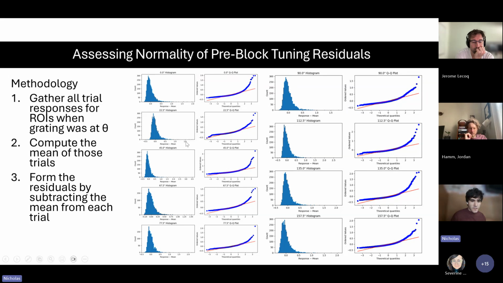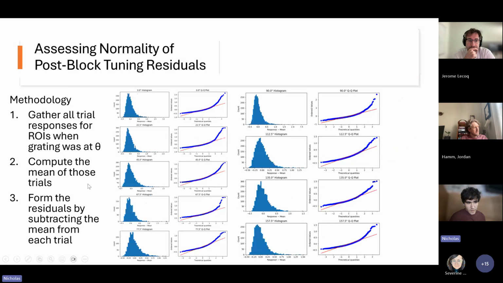There seems to be some skewness. That is, at certain points the ROI is tending to respond. Well, it exhibits skewness, and I think that would be relevant to any future statistical analysis.